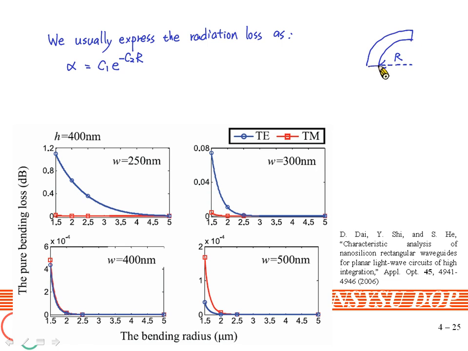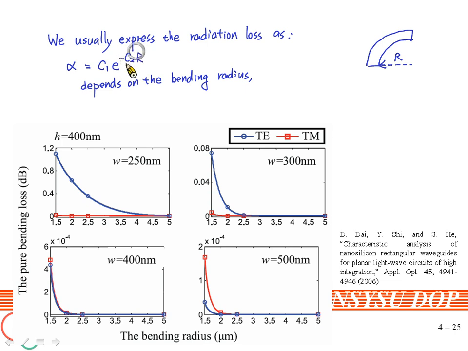Okay? And clearly, from this expression shown here, you can see that the radiation loss coefficient alpha will depend on the bending radius. For larger bending radius, you will have smaller alpha.